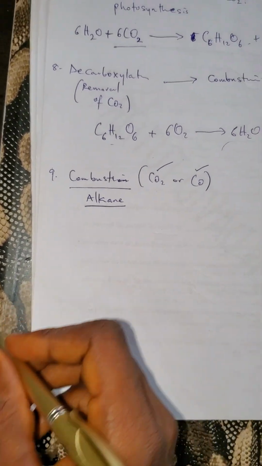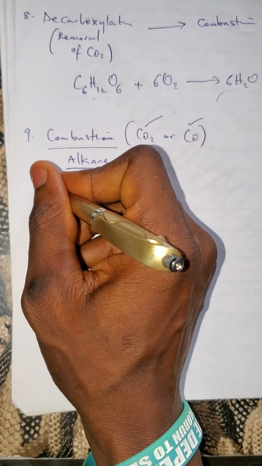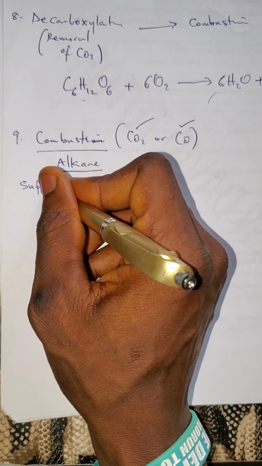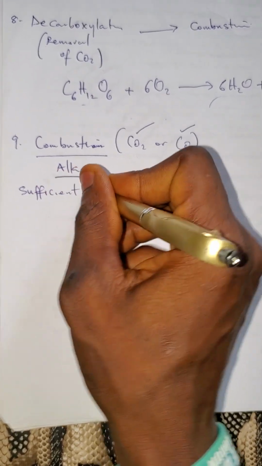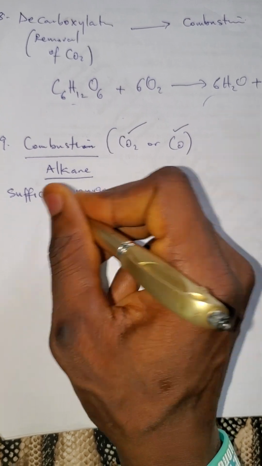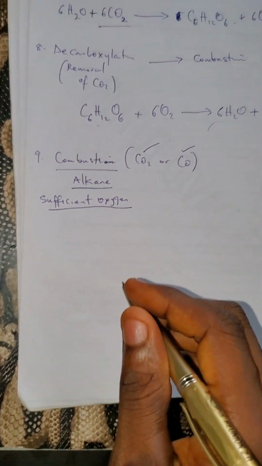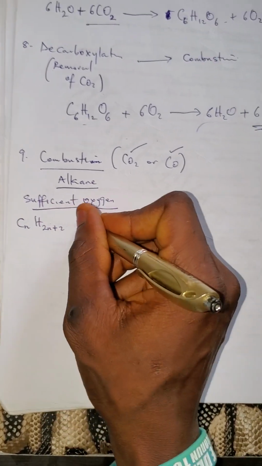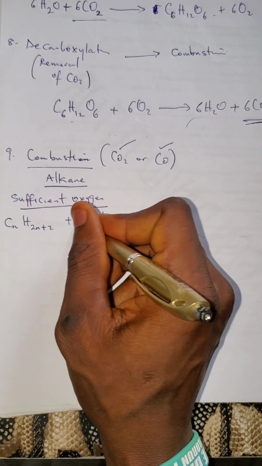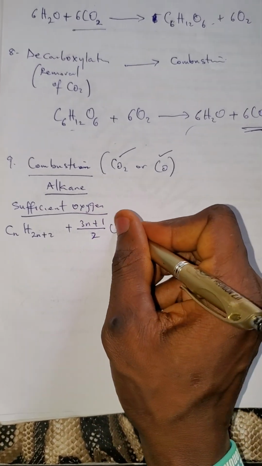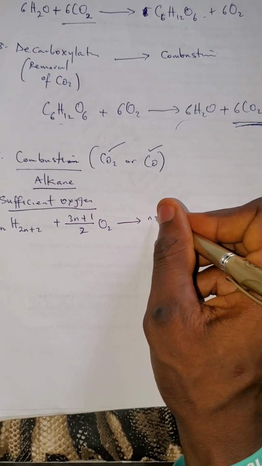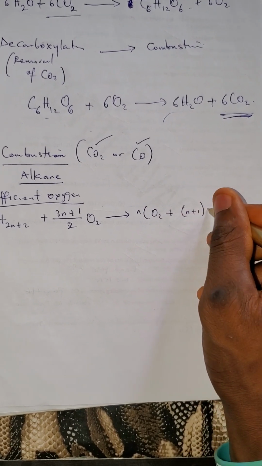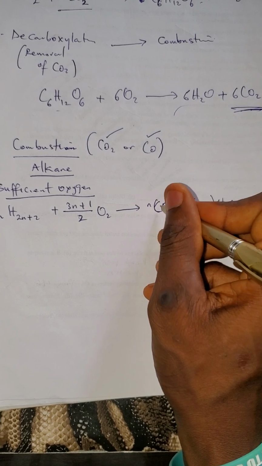For alkane, for instance, if the alkane burns in sufficient oxygen, we have the formula to be CnH2n+2 plus (3n+1)/2 O2 to give us nCO2 plus (n+1)H2O.